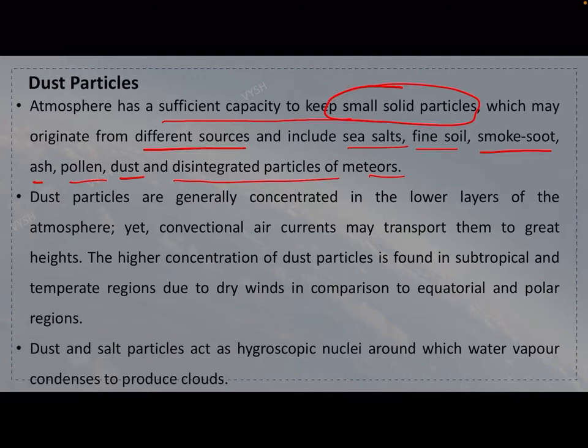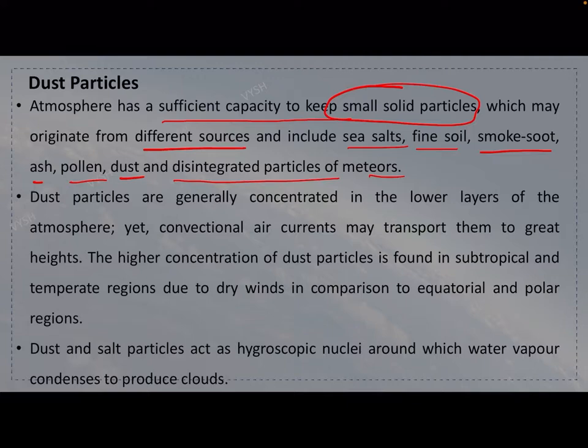But when you go to remote areas where there is no pollution or dust, you may see the sky very clean, specifically near the Himalayas, because of the altitude as well as no pollution. So this dust is one of the major parts of the atmosphere.